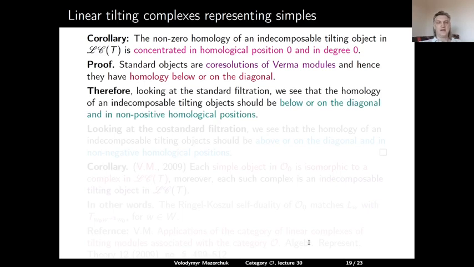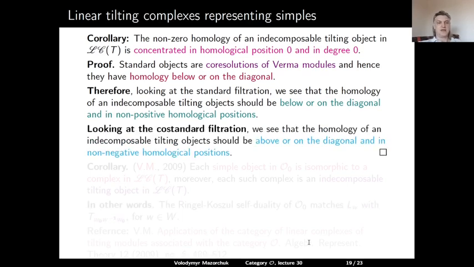Therefore, if we take an indecomposable tilting object in the category of linear complexes of tilting modules, it is constructed from standard objects, and in this standard filtration, all objects appear with certain types of graded shifts. So it follows that the homology of an indecomposable tilting object should be below or on the diagonal, or in a non-positive homological position.